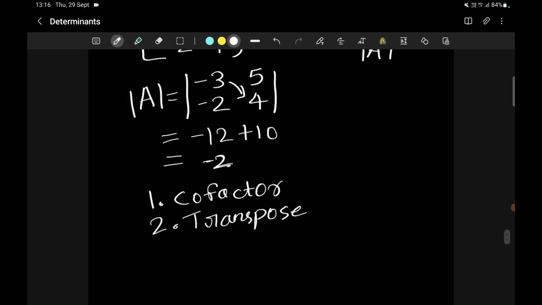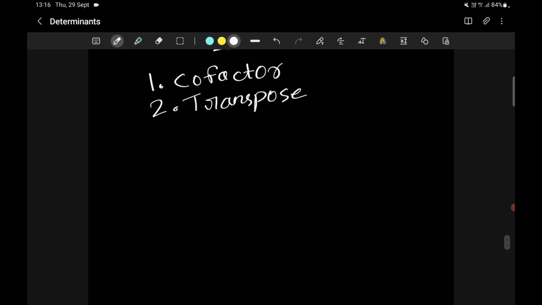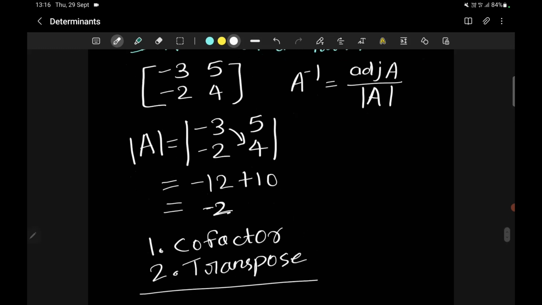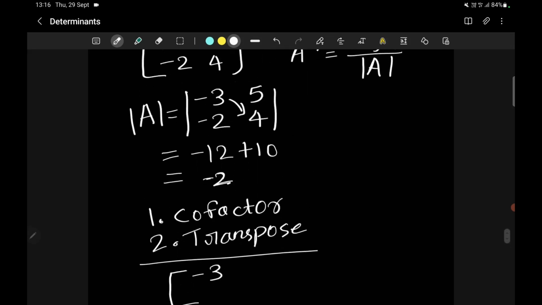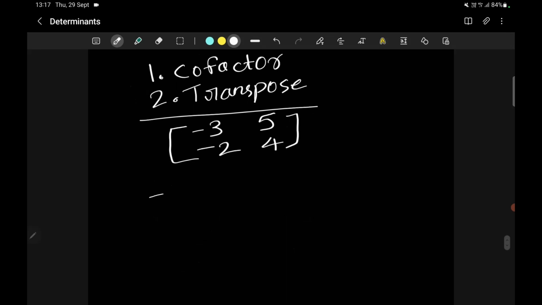Instead of finding the cofactor and then transposing it, I have one simple tip for finding the adjoint of A. Now we have to find the adjoint of this matrix, so I'll show you. First take a matrix -3, 5, -2 and 4. What you have to do is interchange these two numbers.